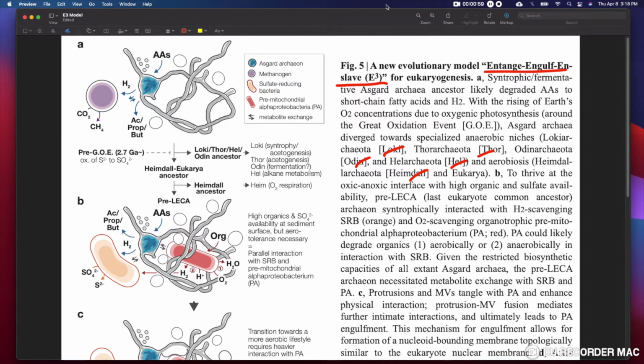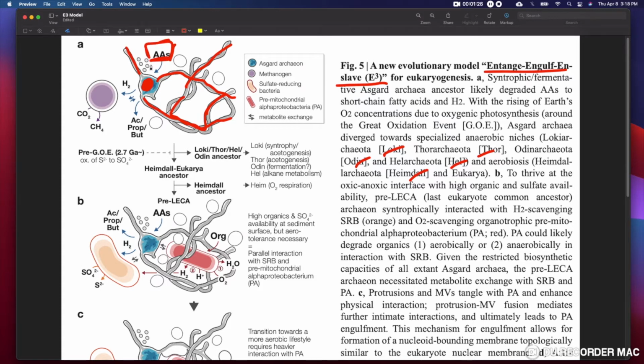What they're proposing is that, because of what they have seen from the Asgard archaeon that they have isolated, this Asgardian archaea produces what we call cellular protrusions like this, somewhat network-shaped protrusions of the cells. This is the characteristic of the Asgard archaea that they have isolated.